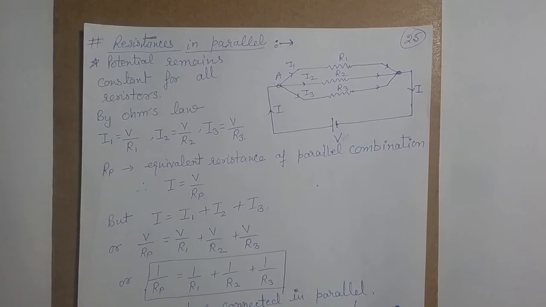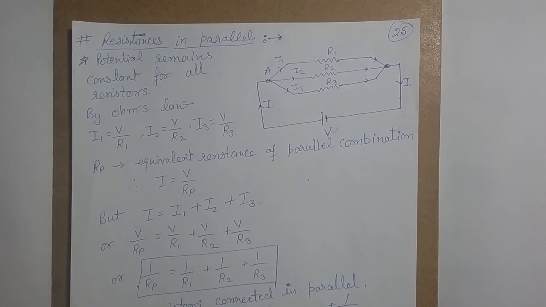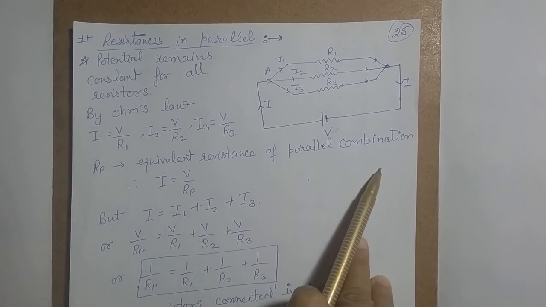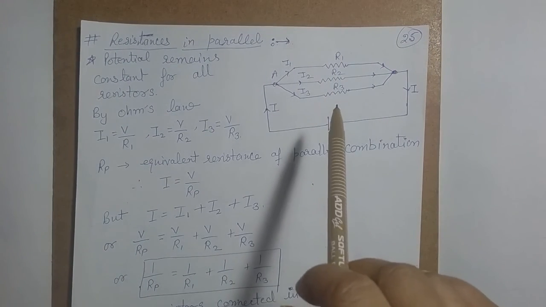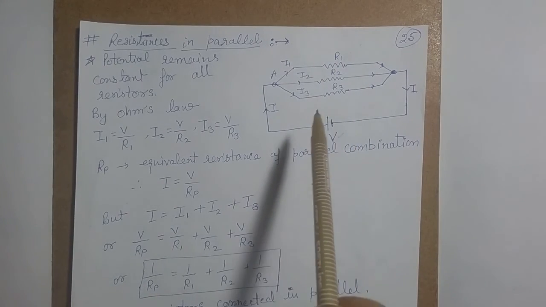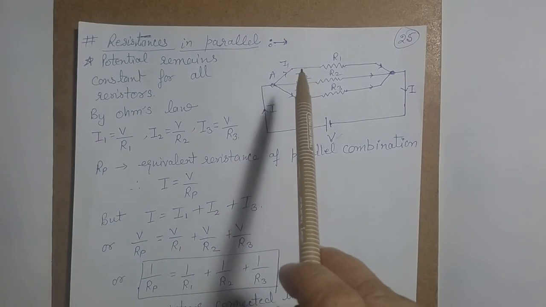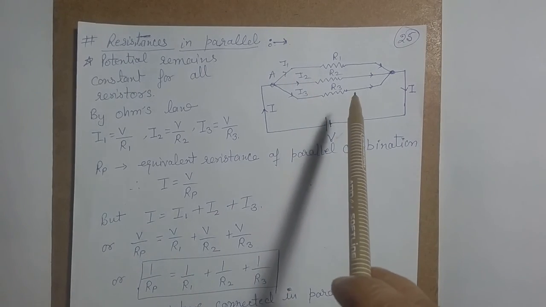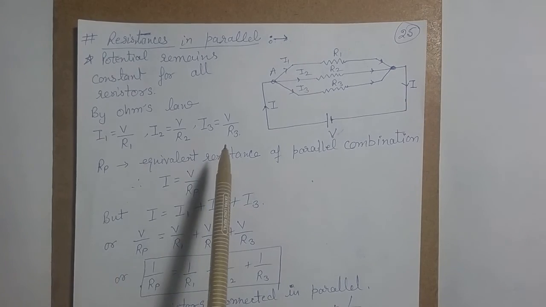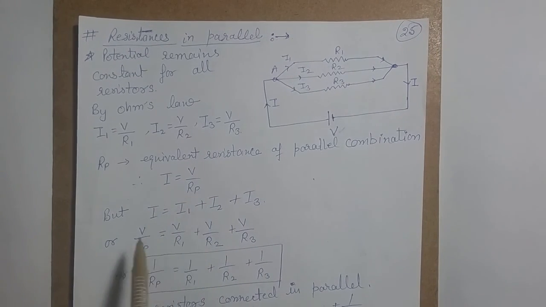Now let us consider the parallel combination of the resistors. Again, let us consider three resistors R1, R2, R3 connected parallel to each other. In parallel combination, the potential remains constant and the current varies. So I1, I2, I3 will be the currents for these resistors. Applying Ohm's law, this will be the case for the equivalent resistance.